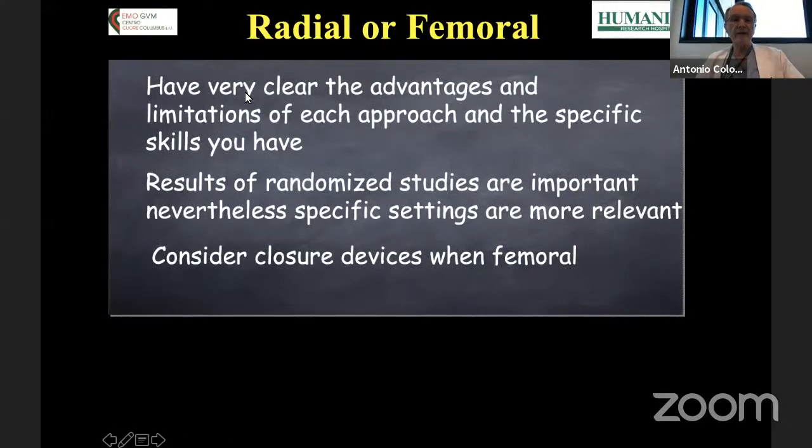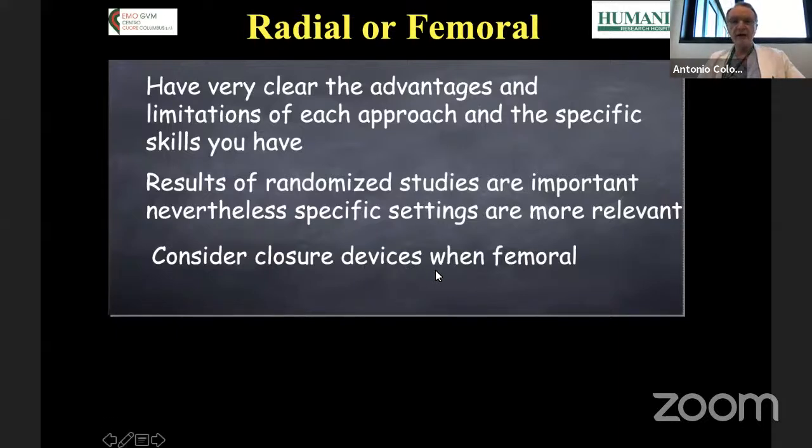Radial or femoral. Have very clear the advantages and limitations of each specific approach and the specific skills you have. Results of randomized studies are important, nevertheless, specific settings are more relevant. Femoral may increase the mortality overall in a general study, but in the specific patient, the mortality is increased by doing something that is not appropriate.